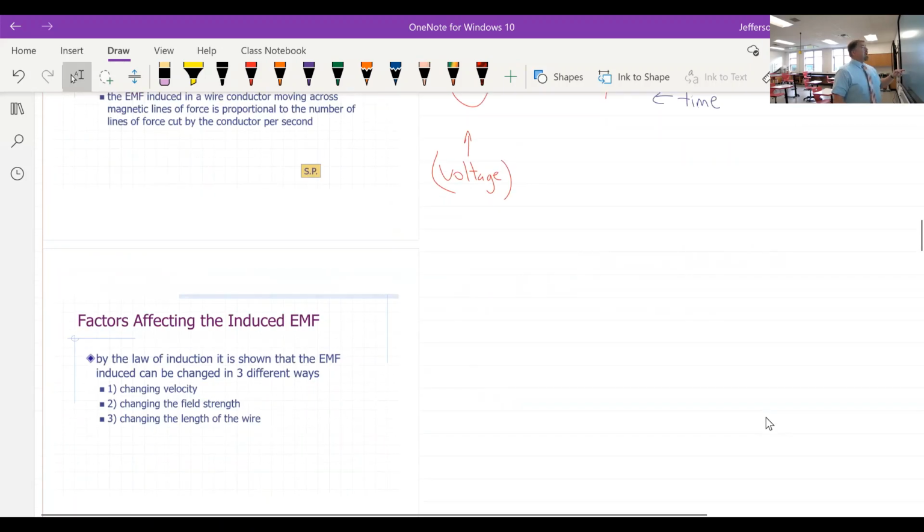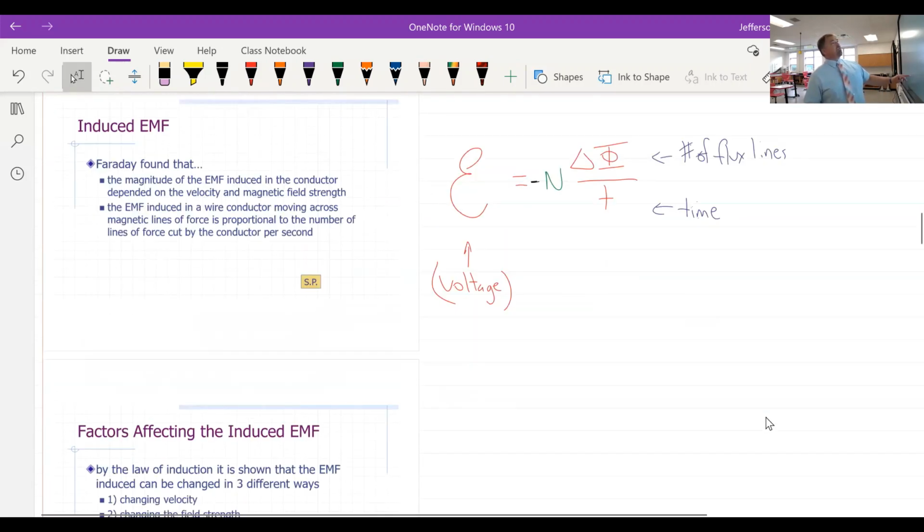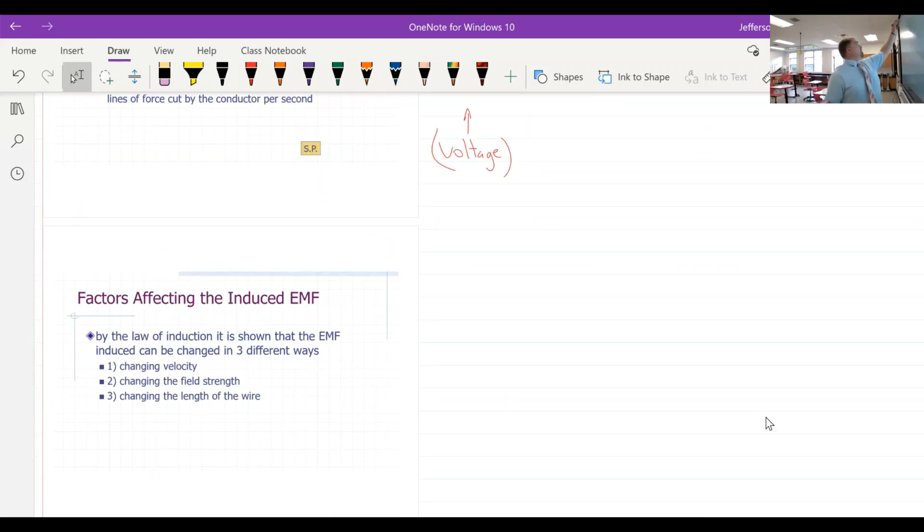Okay, and so basically we can actually rewrite this formula too. And Faraday showed that the EMF, another way to write it, is equal to the negative of NVBL. Actually, let me get rid of the N part because we don't need that. It's equal to the negative VBL, where V is the speed of the cutting.